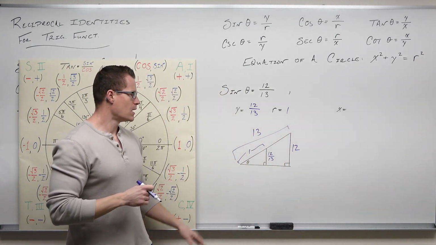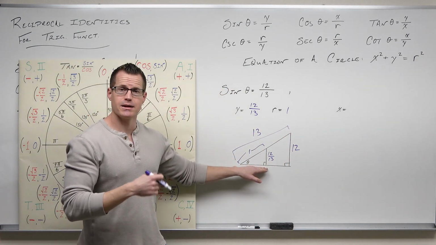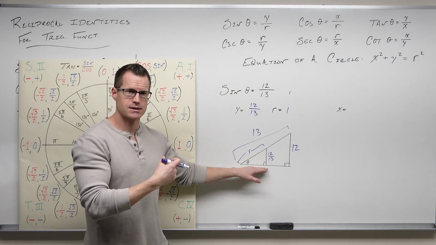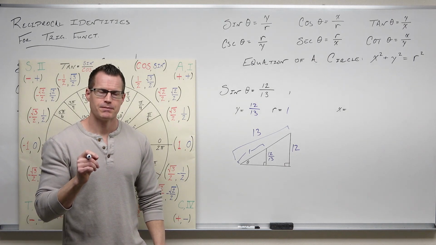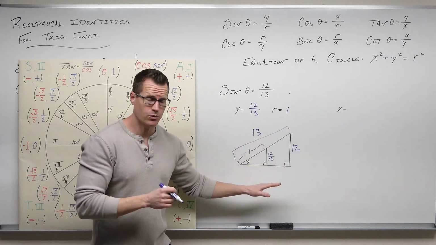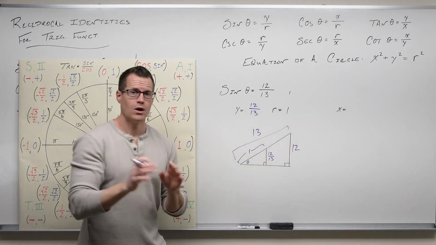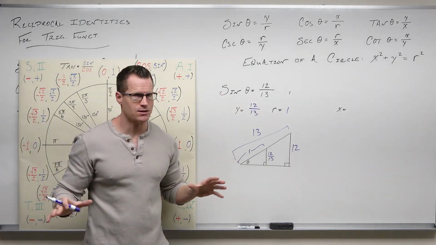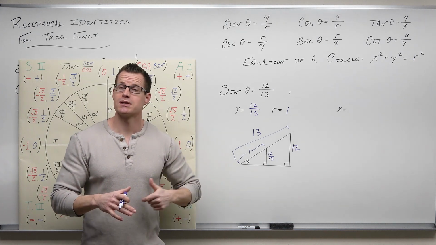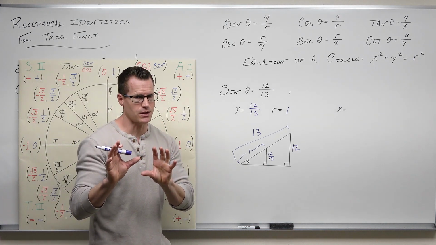Obviously not to scale. And whatever this x is, I'd multiply it and get x times 13. Now take a look at it. Did the angle change when I went from the small triangle to the big triangle? No, it didn't. So if the angle didn't change, sine of that angle can't change, which means that we can put this in a different relationship, or at least consider it differently.